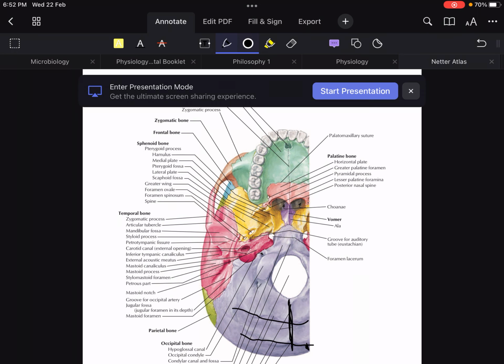I didn't tell you about the different types of sinuses, but don't get confused with sinuses which are located inside the bone. We have other sinuses that we call them venous sinus. Venous sinus means a cavity that can have venous blood inside. Venous blood is a kind of blood that has less amount of oxygen.